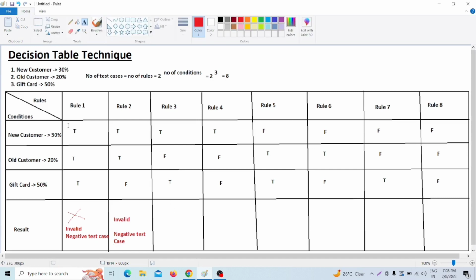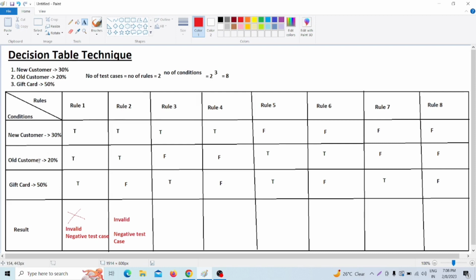Now coming to rule number 3. New customer true, old customer false. That means it is satisfying my conditions. So new customer true, old customer false, then gift card 50%. Then what should be the result?